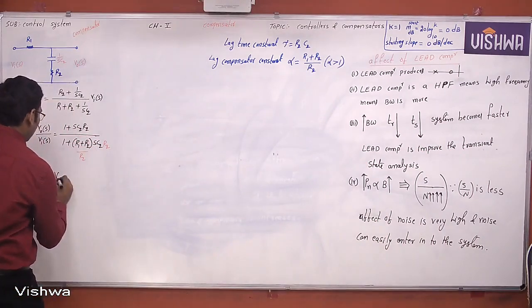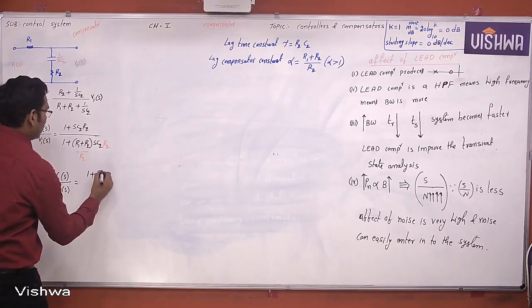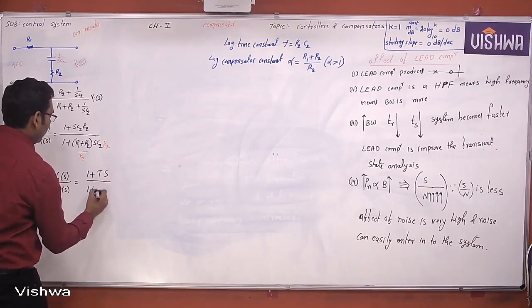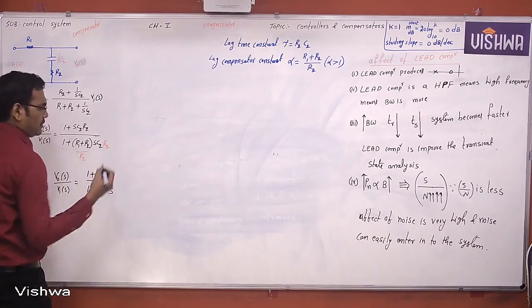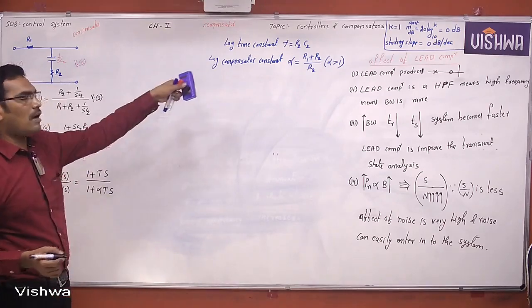So what is the transfer function? V naught of S by Vi of S is equal to 1 plus tau S by 1 plus alpha tau S, where alpha is greater than 1 here, not less than, and tau is R2 C2.